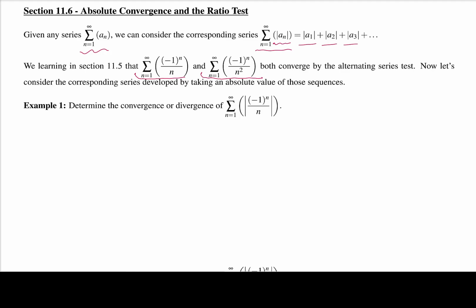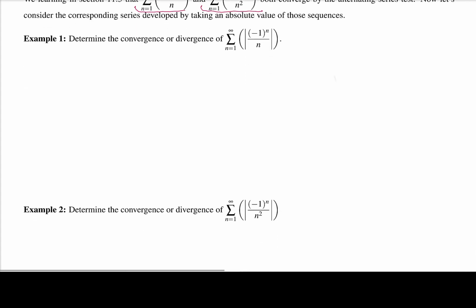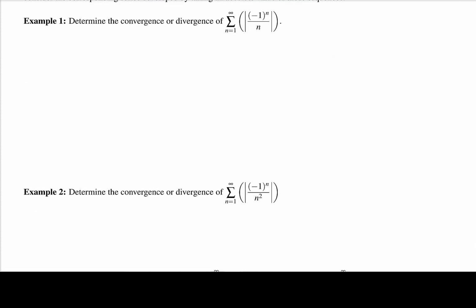So for example 1, let's think about what this would be if I'm plugging in values for n. If I plug in n equals 1, then I'll have the absolute value of negative 1 to the 1 over 1.